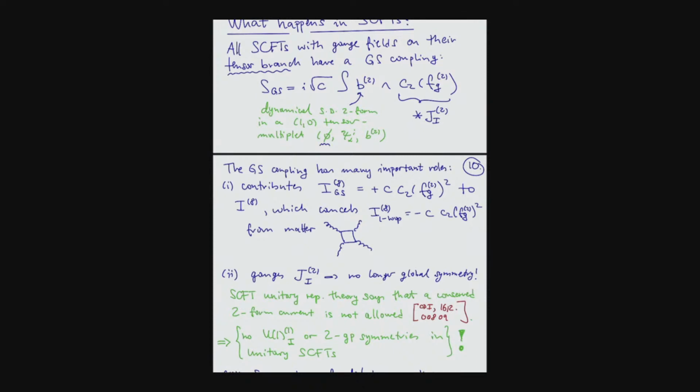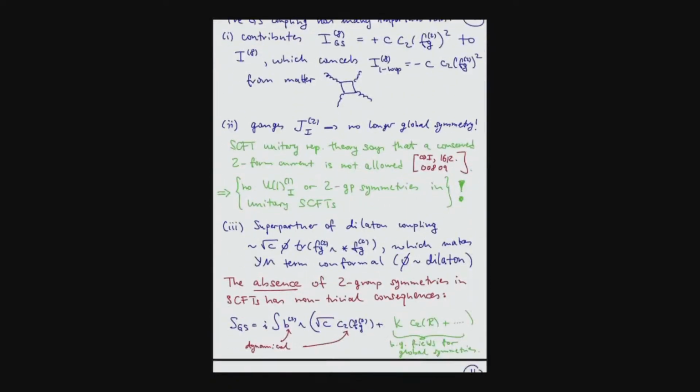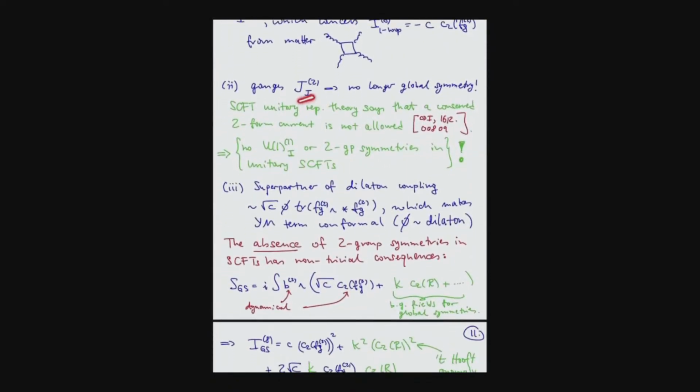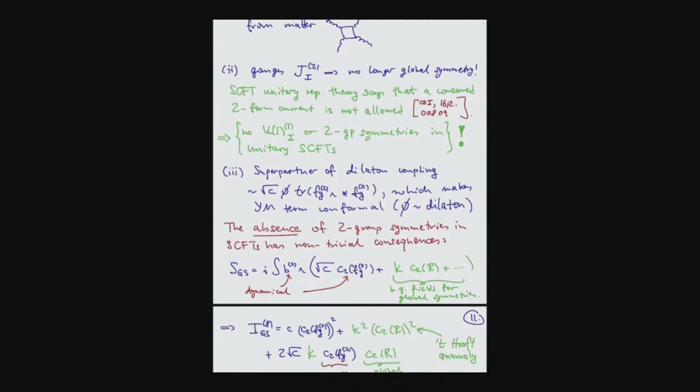The thing that used to be the global symmetry is now the electric charge, and it's no longer a global symmetry in the same sense. So this coupling gauges the instanton two-form current, and it destroys the one-form symmetry that I've talked about in the first half of the talk.